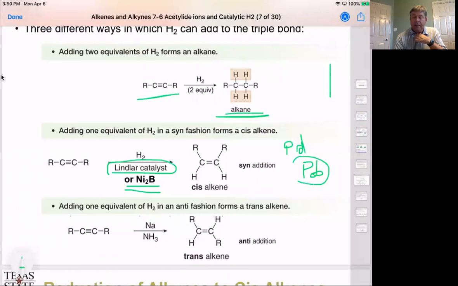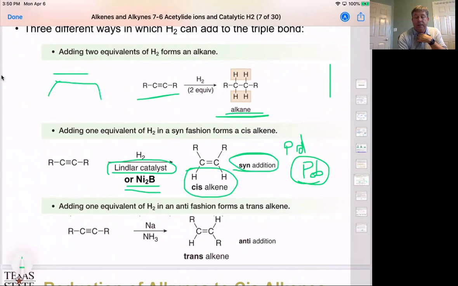By adding this lead, we call it poisoning the catalyst. When we do that, we always end up with the cis alkene, because we get syn addition across here. Remember, whenever we have it coming across the flat surface, we get syn addition of hydrogens because the hydrogens are on the surface. We get the cis alkene because of that syn addition.